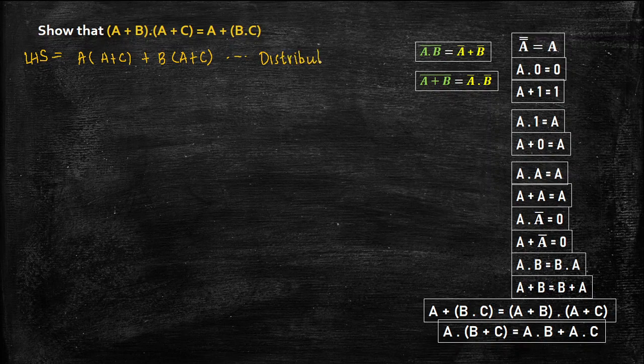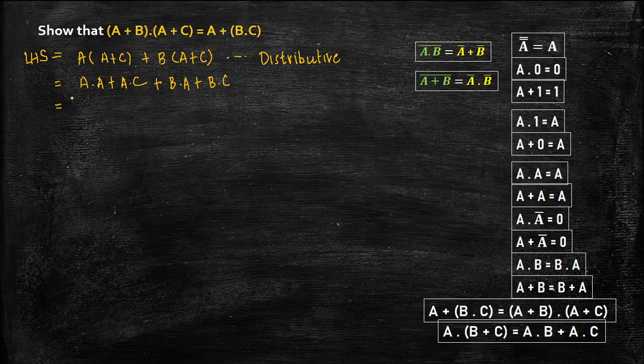Then A dot, again distributive law is going to be used, A dot A plus A dot C, plus B dot A plus B dot C, right? So again the distributive law is used here.